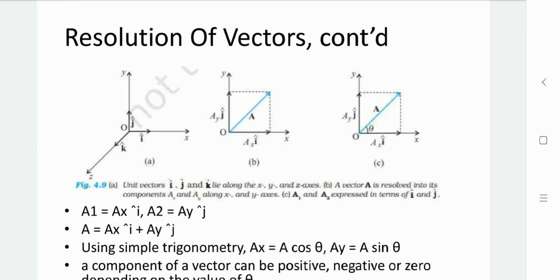For that, from the head point of vector A, let us project that point onto the x-axis and y-axis. The point on the x-axis gives the magnitude of the vector along the x direction, represented as Ax i caret. Caret defines a unit vector.